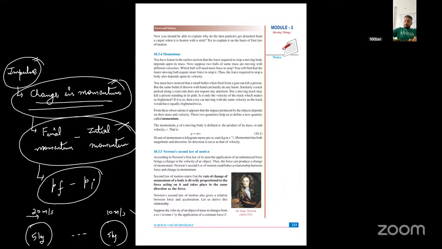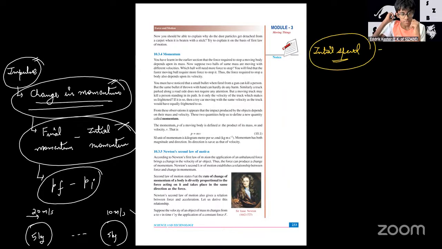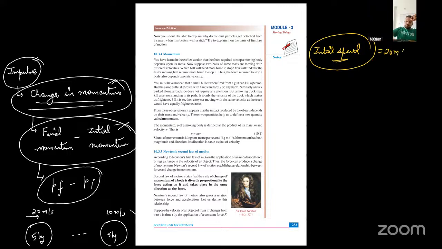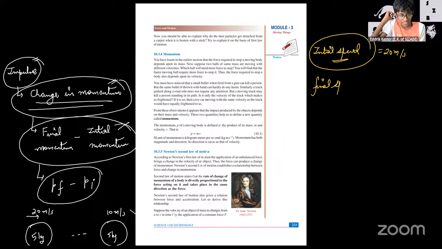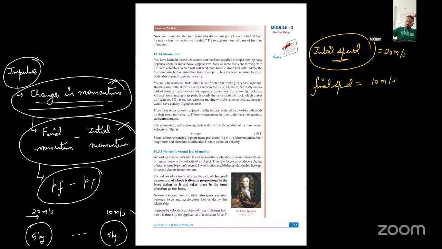So if they ask you to find the impulse or the change in momentum, what is the initial speed? 20 meters per second. What is the final speed? 10 meters per second.